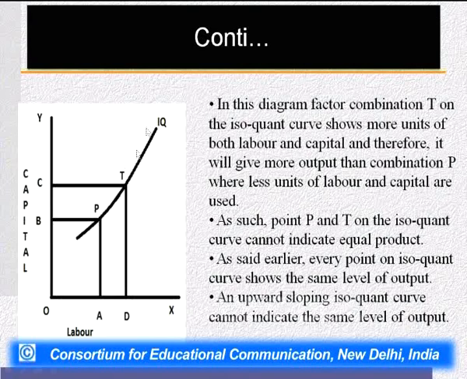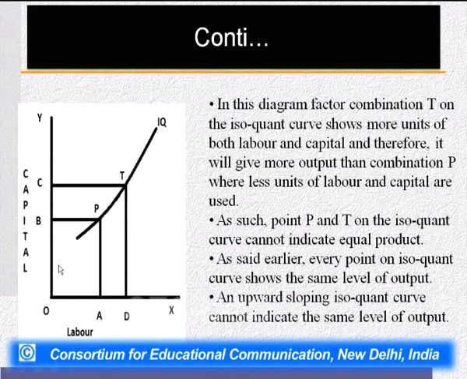If you draw an upward isoquant, why do we say this is not justifiable? Because we know that any combination on the isoquant curve gives the same level of output.